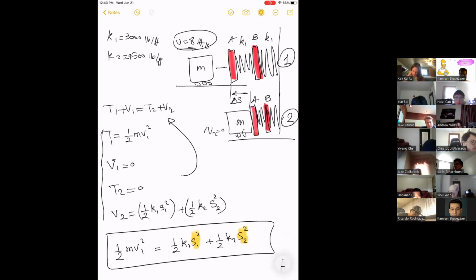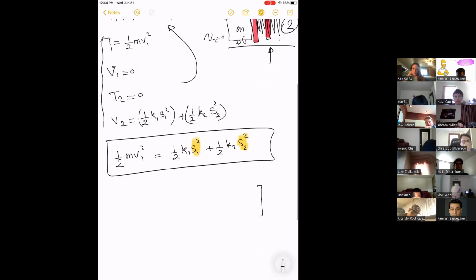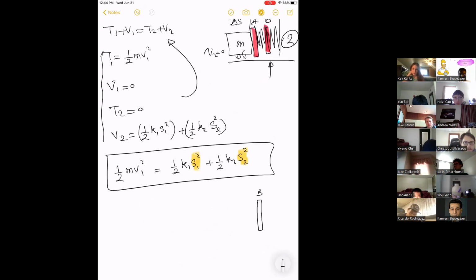You guys remember anything about parallel and series springs? Maybe not. Here's the thing. Look at plate B. If I get plate B here and draw the free body, remember B doesn't have any mass, but even if it does, at the end the velocity is 0, it stops there, so you don't have any acceleration. From the right side, you have the force of K2 S2.